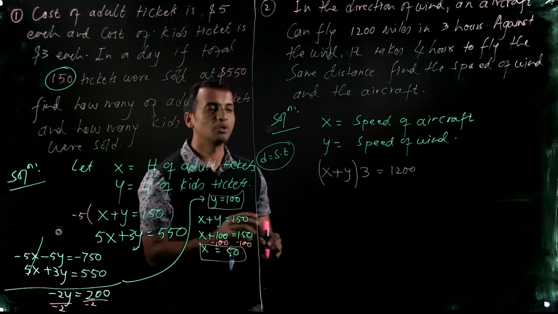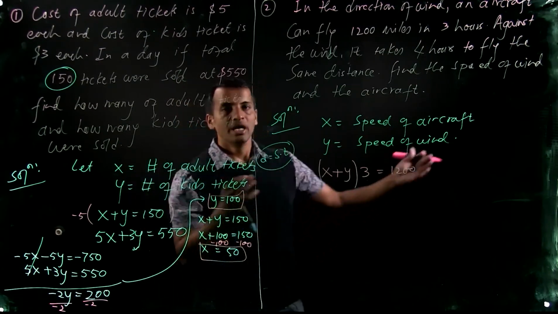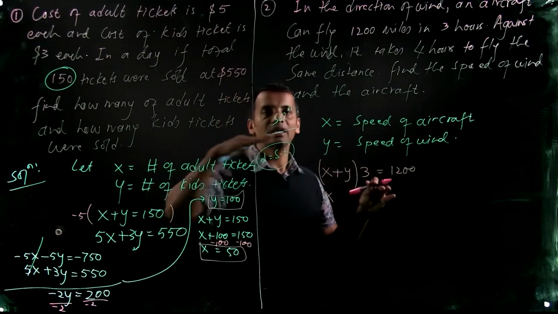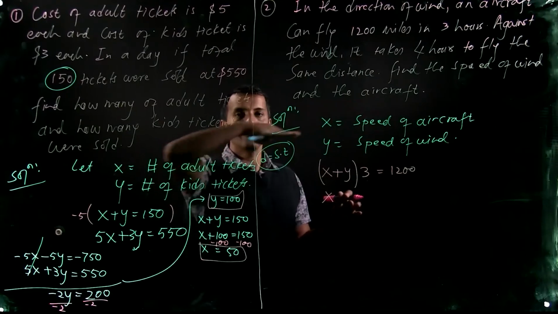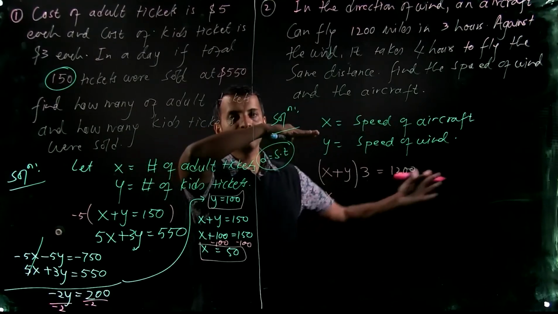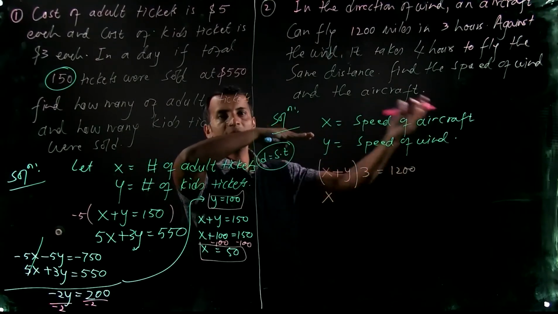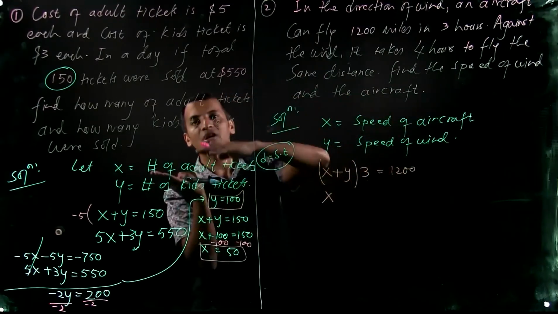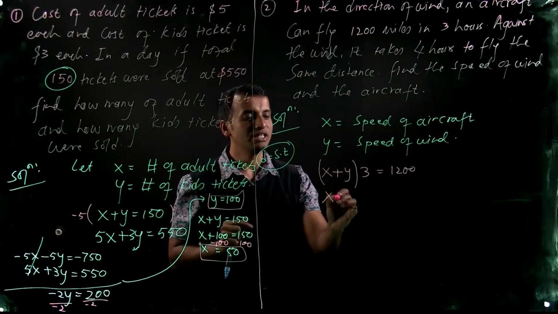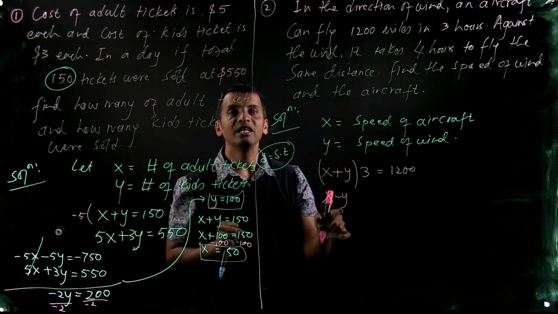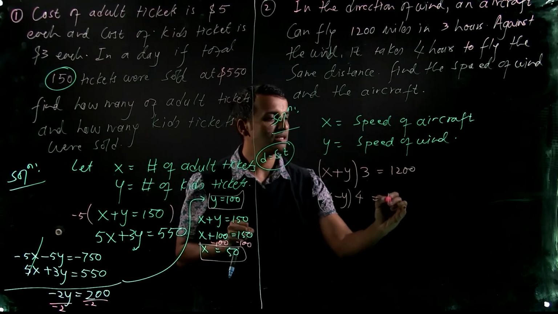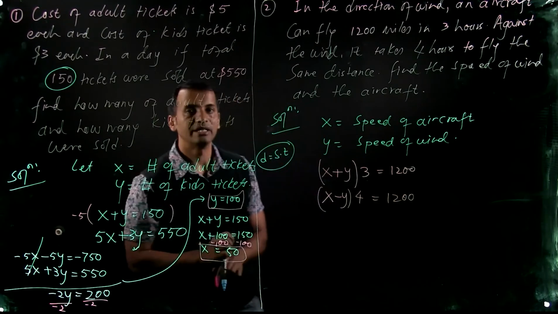In the direction opposite to the wind, the aircraft is flying at a speed of x miles per hour, but the wind is flowing at a speed of negative y, because the wind is trying to push the aircraft backward. So that is the net speed of the aircraft, and it takes 4 hours to cover the same 1200 miles.